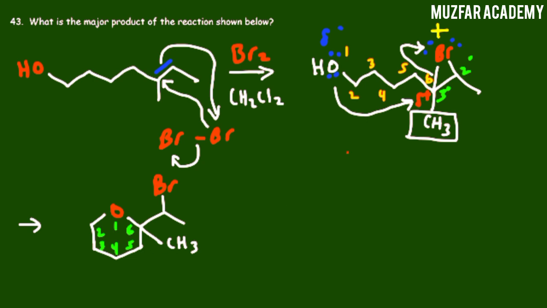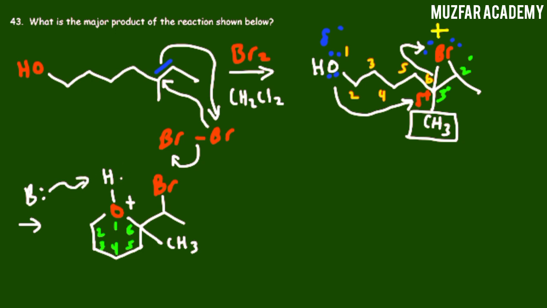So that's what we now have, but we still have this hydrogen atom on the oxygen that we need to deal with. Now, we could use another molecule like this with an OH group to remove the hydrogen. We could use bromide or something else. I'm just going to put a generic base.